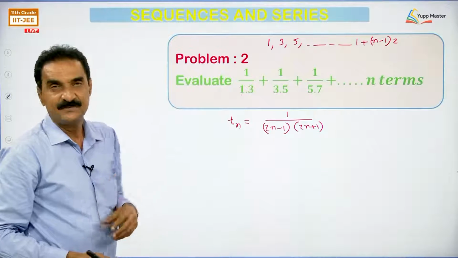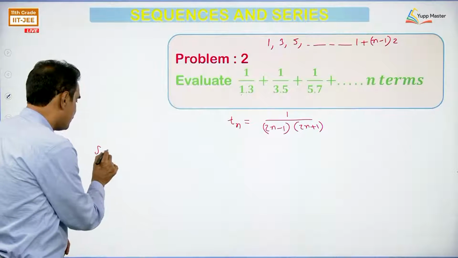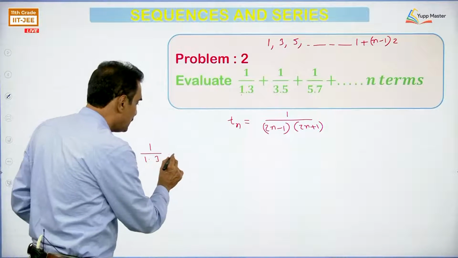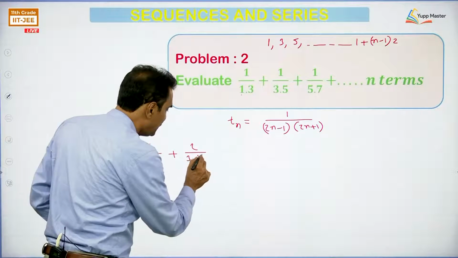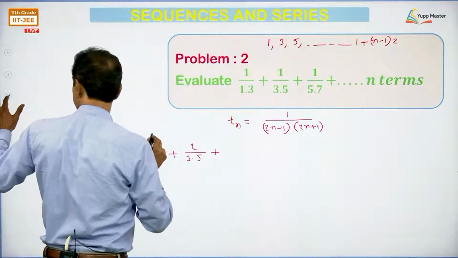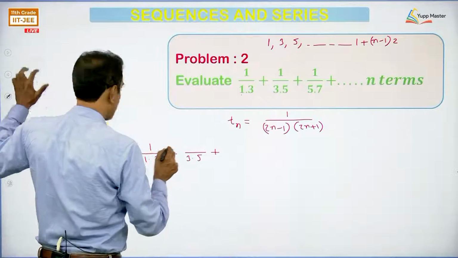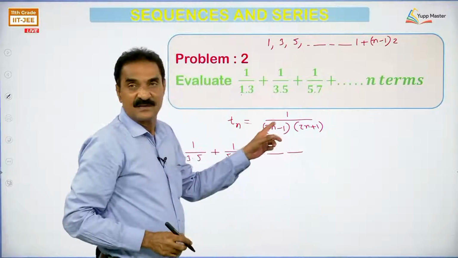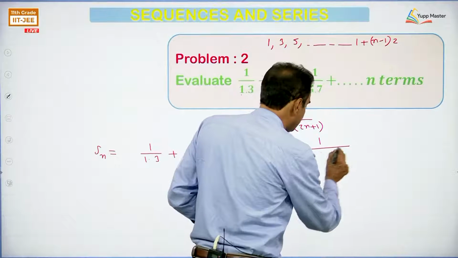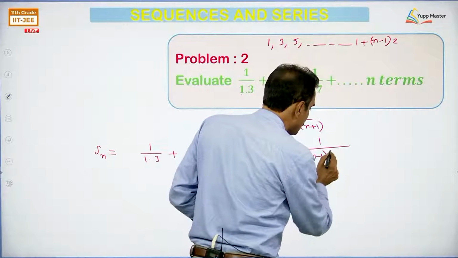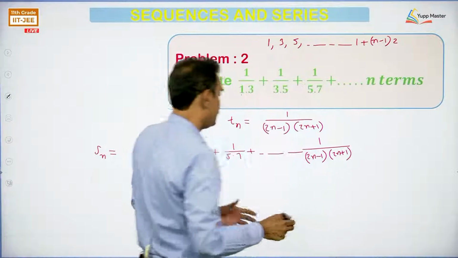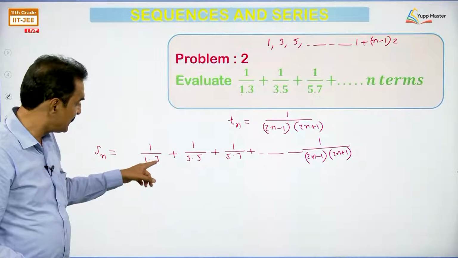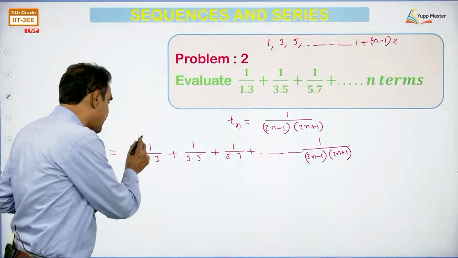Now, let us write the series. Take the sum as Sn. Sn is equal to 1 by 1 into 3 plus 1 by 3 into 5 plus 1 by 5 into 7 and so on. The last nth term is 1 by 2n minus 1 into 2n plus 1. Alright. Now, we want to write every numerator as the difference of the factors of the denominator. What is the difference? 2. So, we should multiply by 2 and divide by 2.